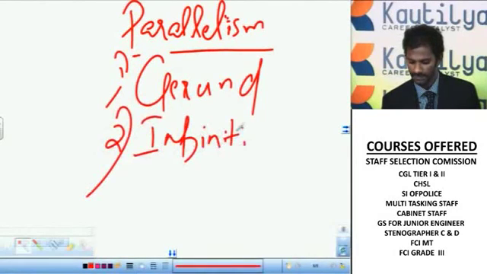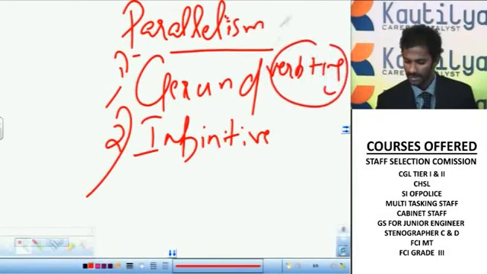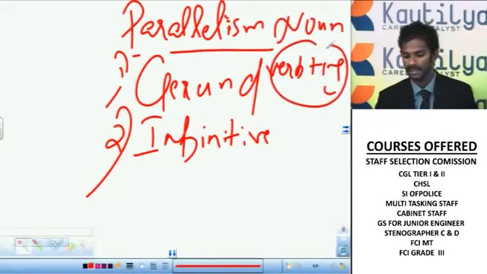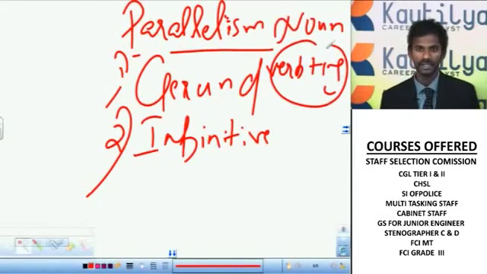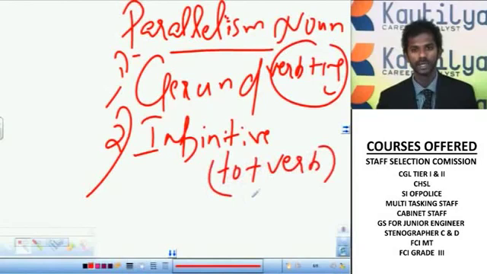Gerund means, as we already discussed, verb plus ing acting as a noun. I told you these two terms always come together. Infinitive means to plus verb, and to plus verb is termed as infinitive.